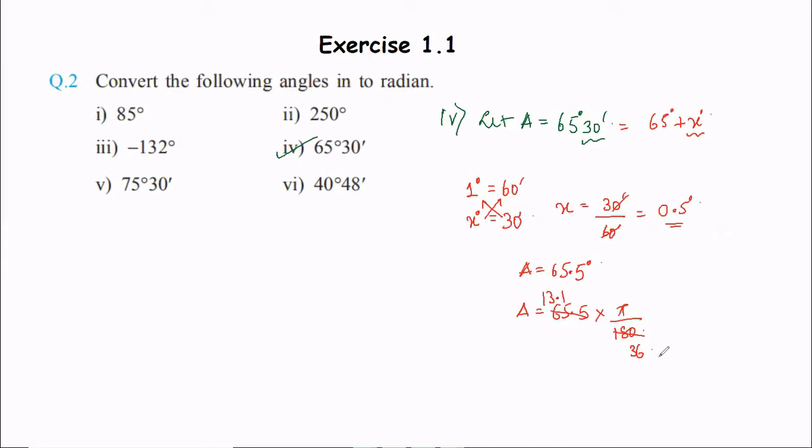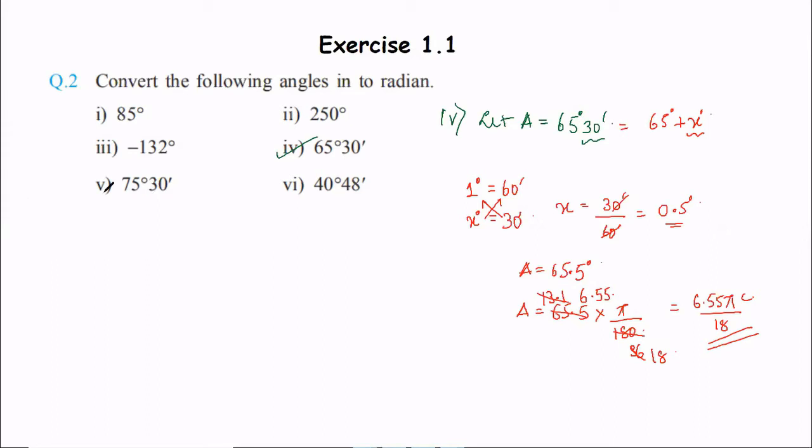We can do it by 2. So 18 and this 6.55. We'll get 6.55. So let's stop over here and we can say it is 6.55 pi upon 18 radian. Okay, so that's the answer. 6.55 pi upon 18 radian. That's the conversion for 65 degrees 30 minutes.